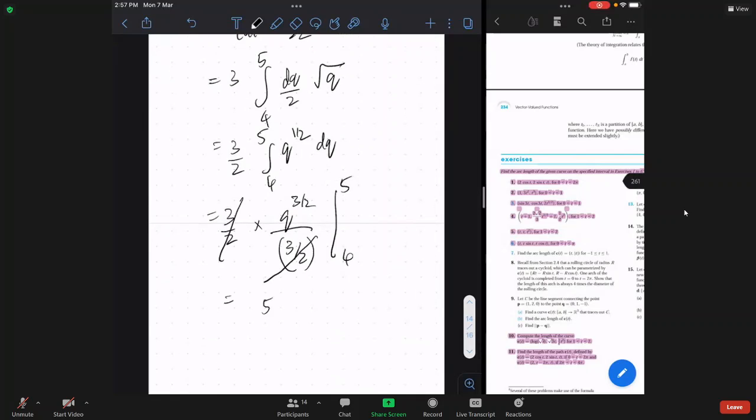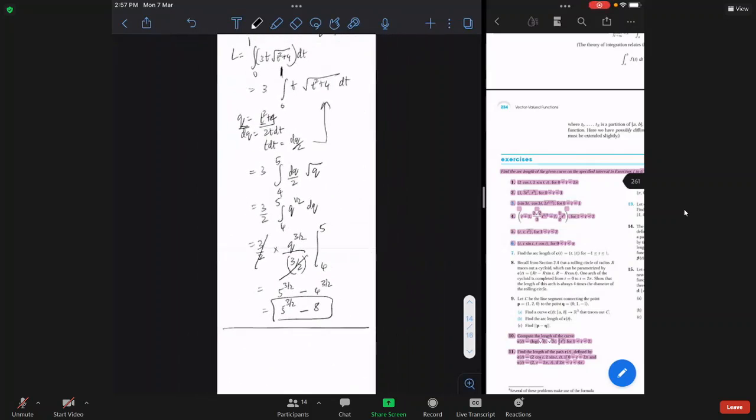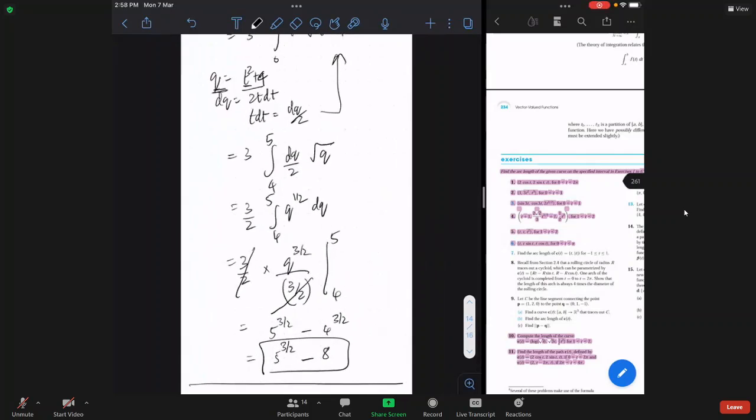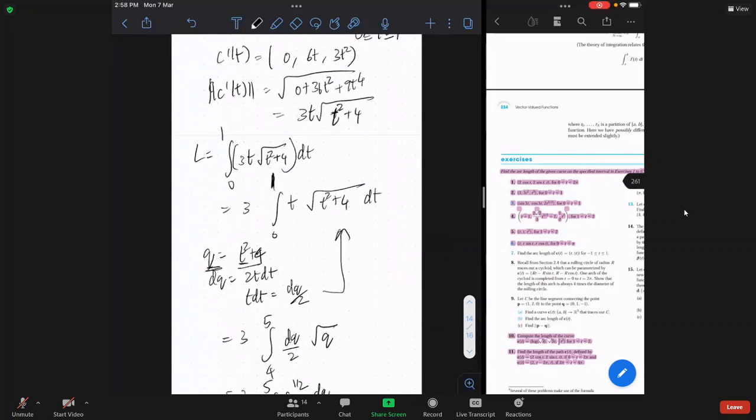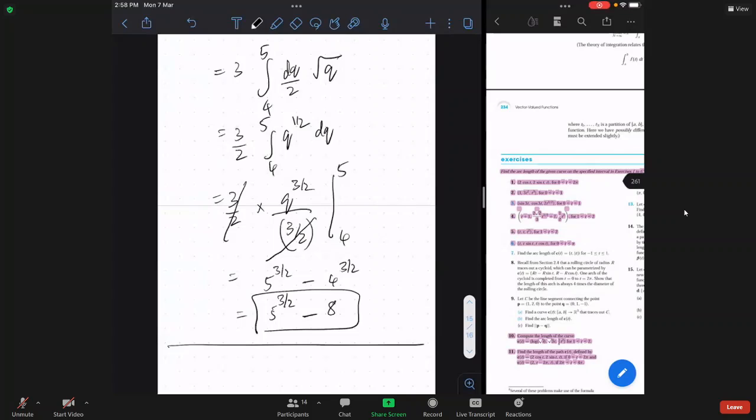So all I have is 5 power 3 by 2 minus 4 power 3 by 2. 4 cube is 64, and the square root of 64 is 8. So this is your answer. Basic integration here and there, just making use of a few techniques we know to solve. That's all.